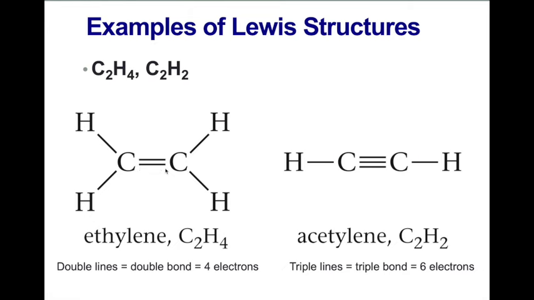When you see double lines, a double bond means that there are 4 electrons present, essentially 2 electrons per line, since each line means a bond. So ethylene on the left has a double bond. And acetylene on the right has a triple bond, those 3 lines that occur between the 2 carbon atoms.